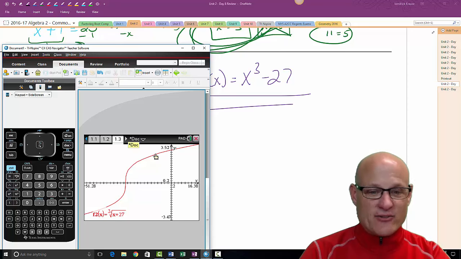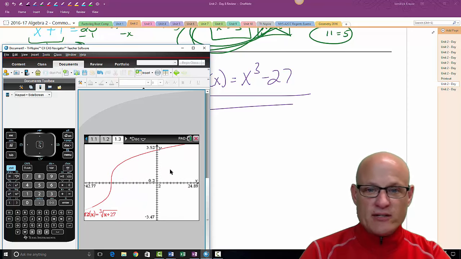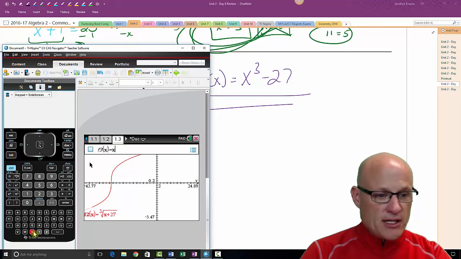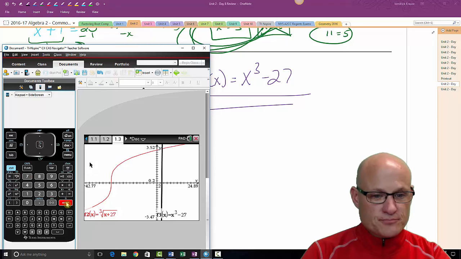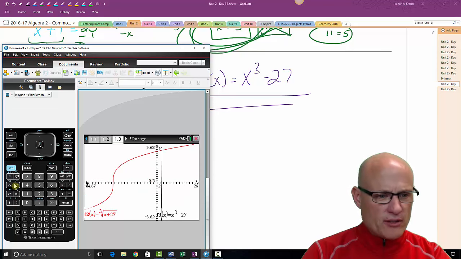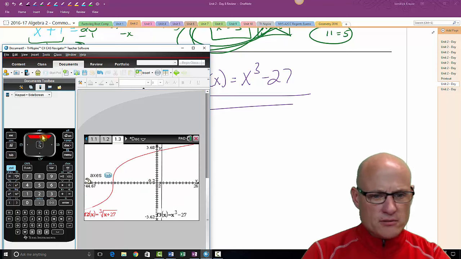Now we're going to type in its inverse. Now its inverse was x cubed minus 27. X cubed minus 27. So we're going to go tab. x cubed minus 27. I don't think I wrote that right. Tab. Why can't I get that tab?